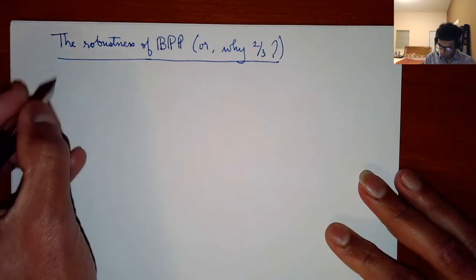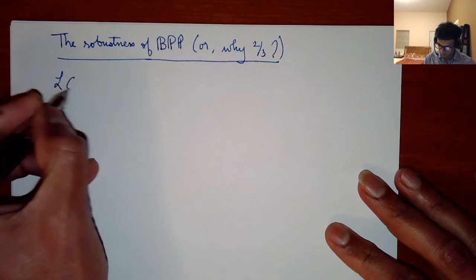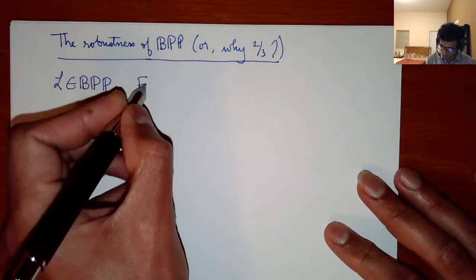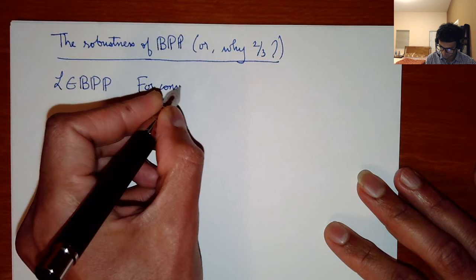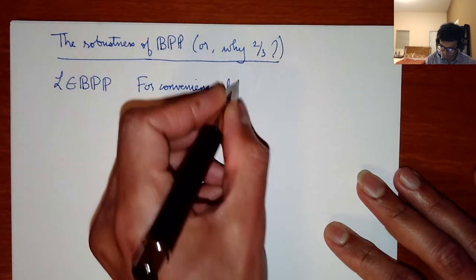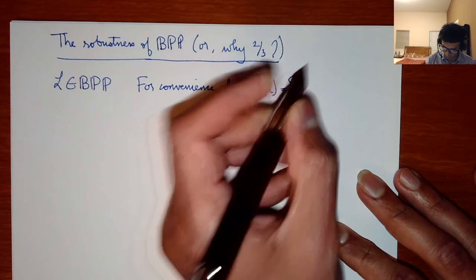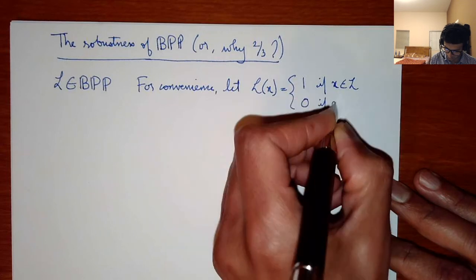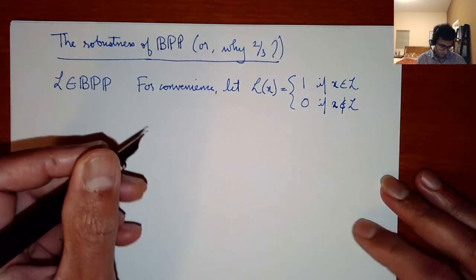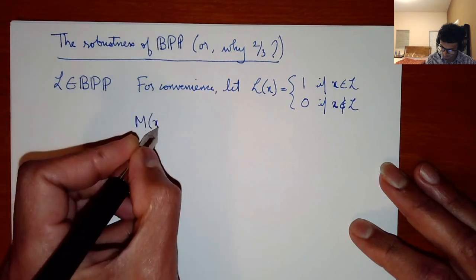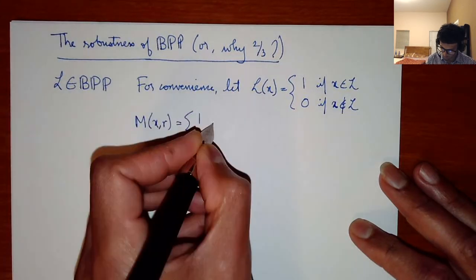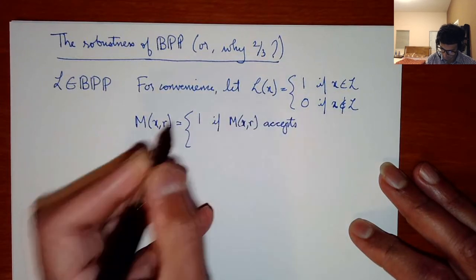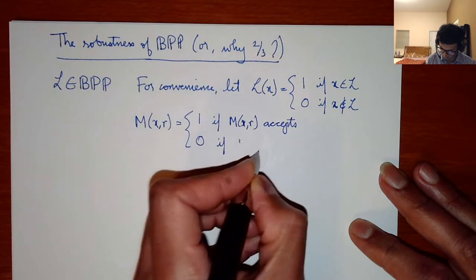Okay. So let's fix some language. So L is in BPP, right? So we're looking at some L. And for convenience, I'm just going to say let L(x) actually be the indicator function: 1 if x is in L, 0 if x is not in L. And I'll just say that M(x,r) is equal to 1 if M(x,r) accepts, and 0 if it rejects.